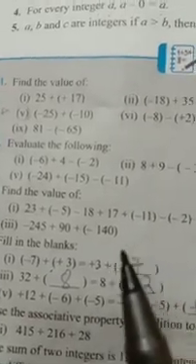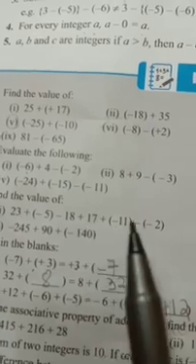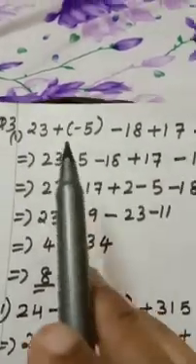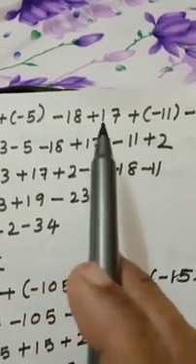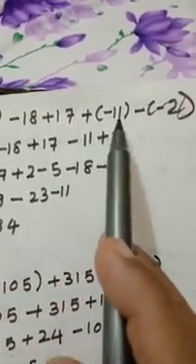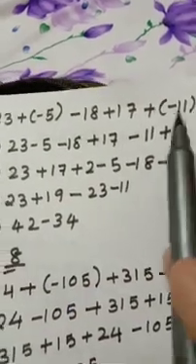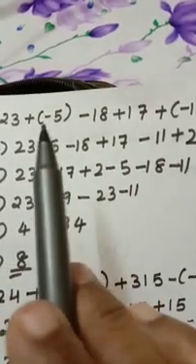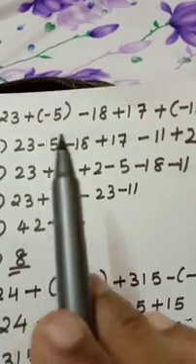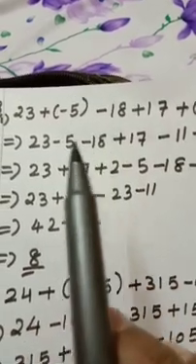Question number 3. Find the value, same type. More than 2 terms. 23 plus minus, minus 18 plus 17 plus minus 11 minus 2. First you have to solve what? Two signs combining, that you have to solve, convert that to one sign.